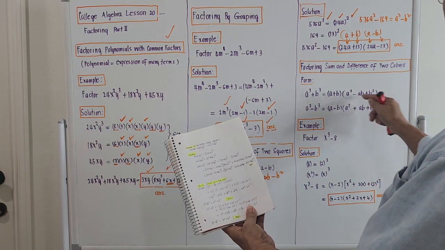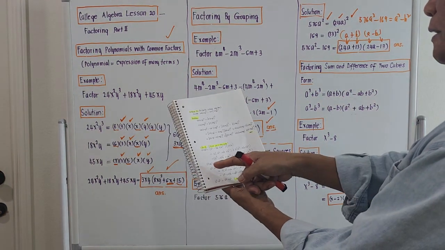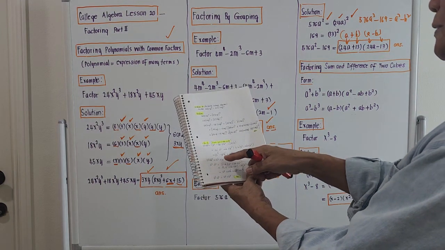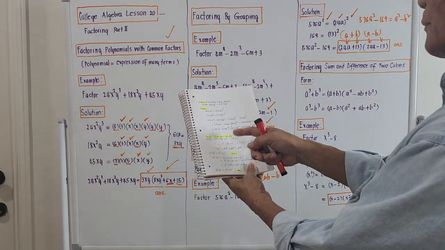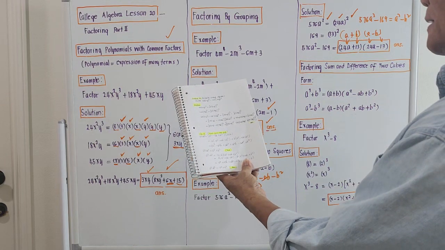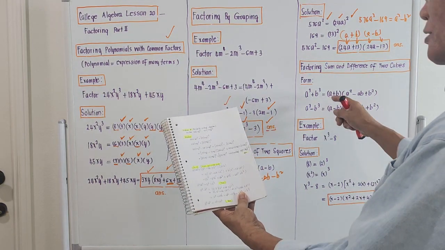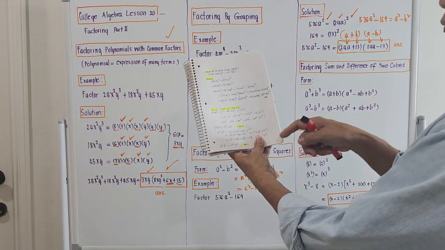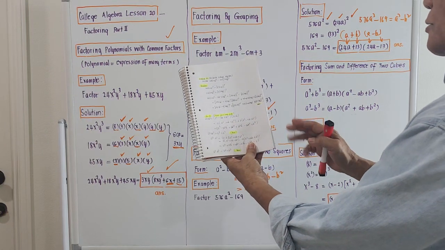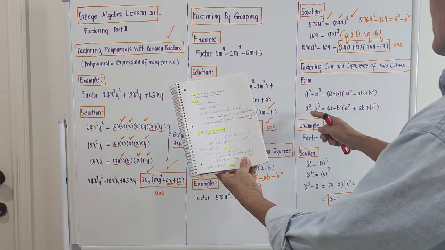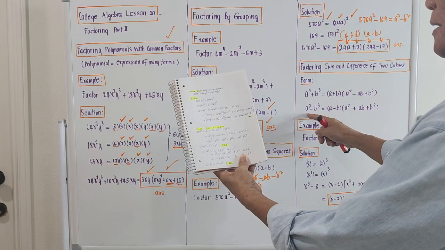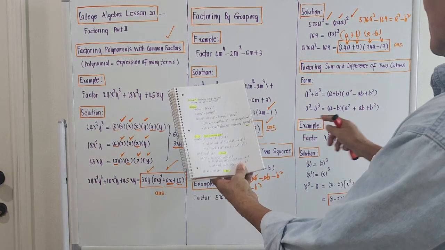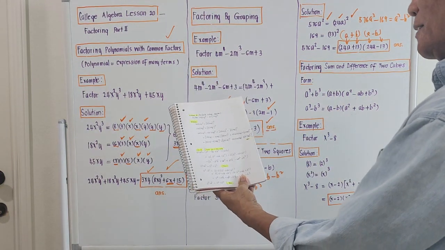I multiply this one by using the distributive law. The middle terms cancel out. Even this a cubed minus b cubed, if you try to expand, the middle terms cancel out. So what will come out will just be simply the first term a cubed. Since this is minus, this is minus also. Okay.